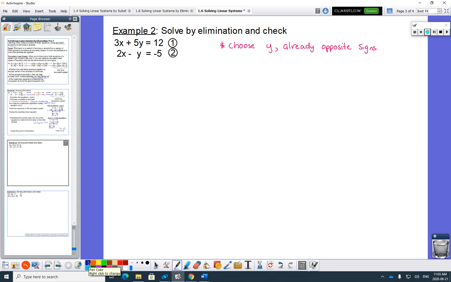But we do have to multiply by something. So the first equation we can leave alone, but the second equation, in order for the y's to cancel out, it's only -1y right now, we need it to be 5. So I'm going to write the step where I write the number beside each term.